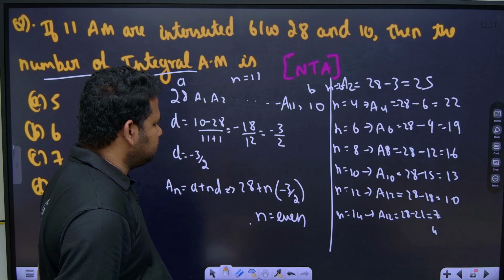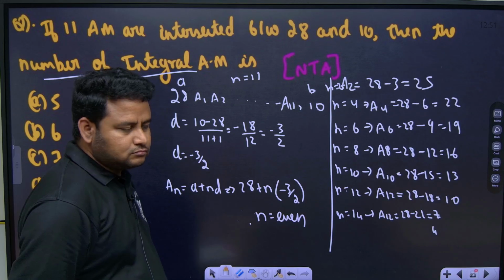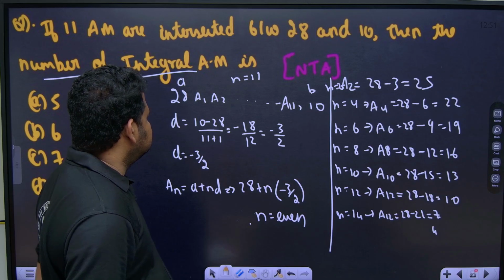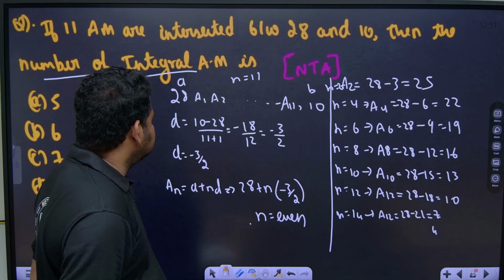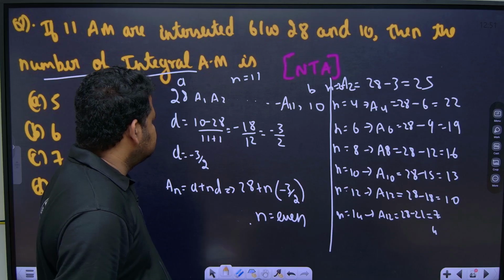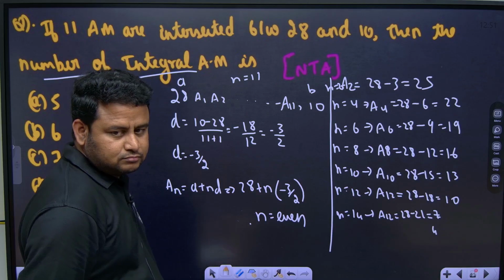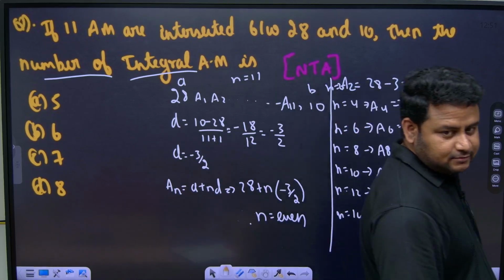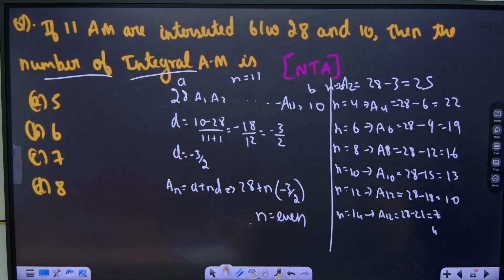Up to what can I put? Think. There is a concept here, please think. I will give you 1 minute. Simply I am telling you, you are putting the values, till where can you put?